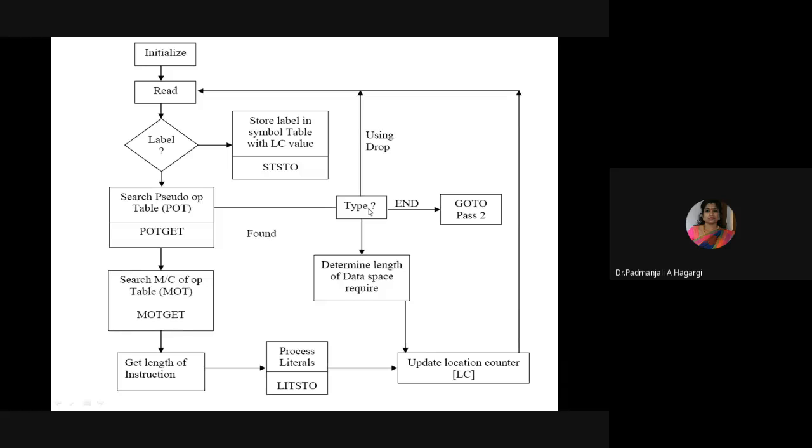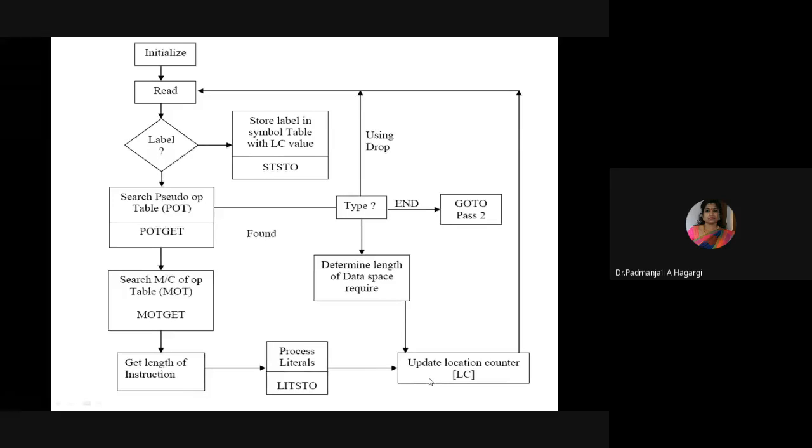Once it reaches the end of the program, it goes to pass 2. Else it determines the length of the data spaces, which I have shown. It determines the operand, or the length of the different statements. Then after determining the length of the different statements and their data spaces, it proceeds to the location counter.